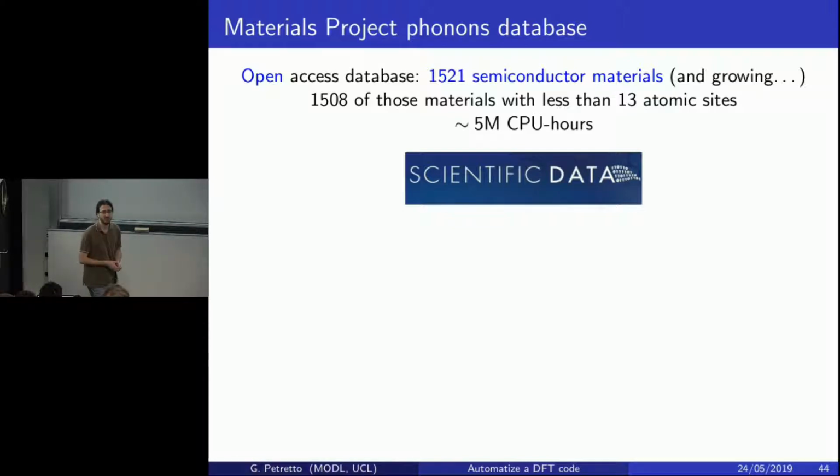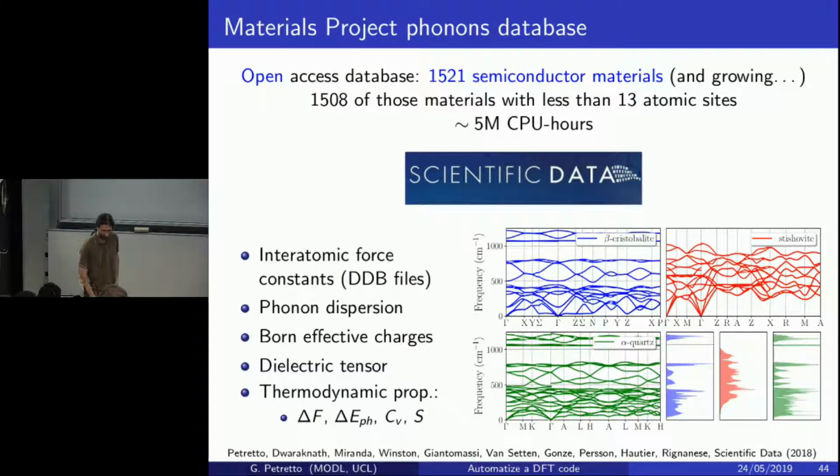Now we keep running them, and there are roughly 2,000 now, and it takes time. For these 1,500 it was roughly 5 million CPU hours, which is not too much, but it's not such a small number still. And for these, the data are published with the full interatomic force constants available and some post-process data.